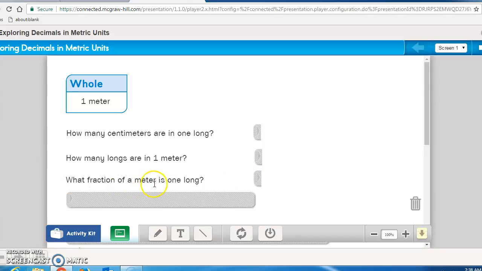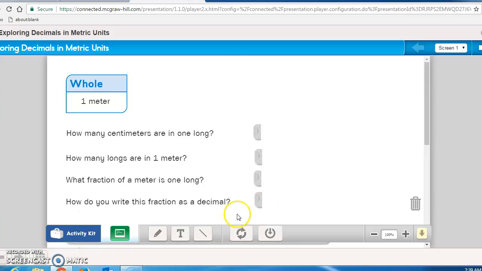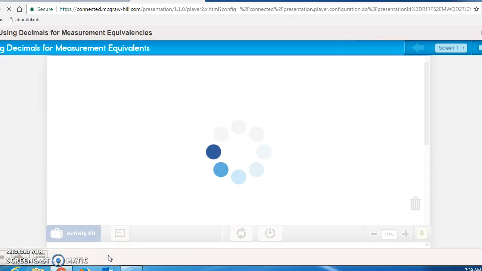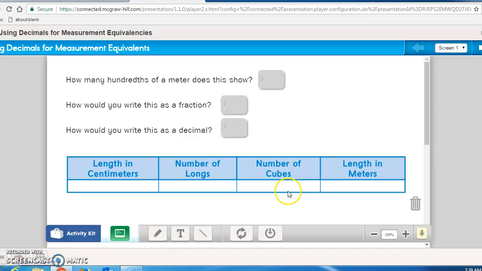What fraction of a meter is 1 long then? Well, you have 1 out of 10. And how do you write that fraction as a decimal? You would write it as 0.1.